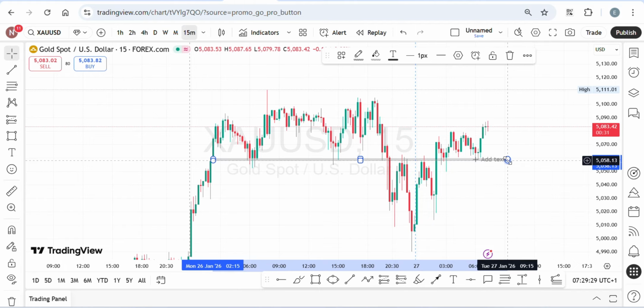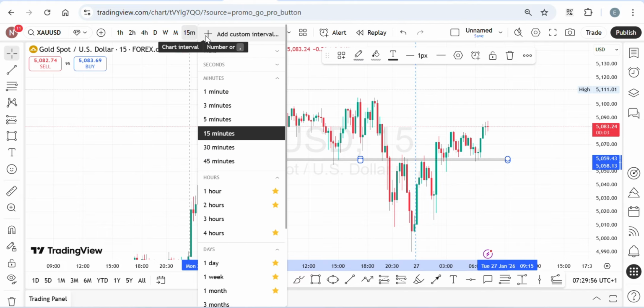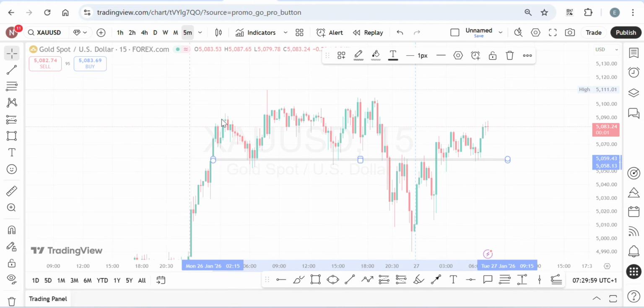Prior to this price action, this key level was already identified and we took some long positions from this price here. So now let's break it down and go to the lower time frame and explain how you take positions using these key levels.